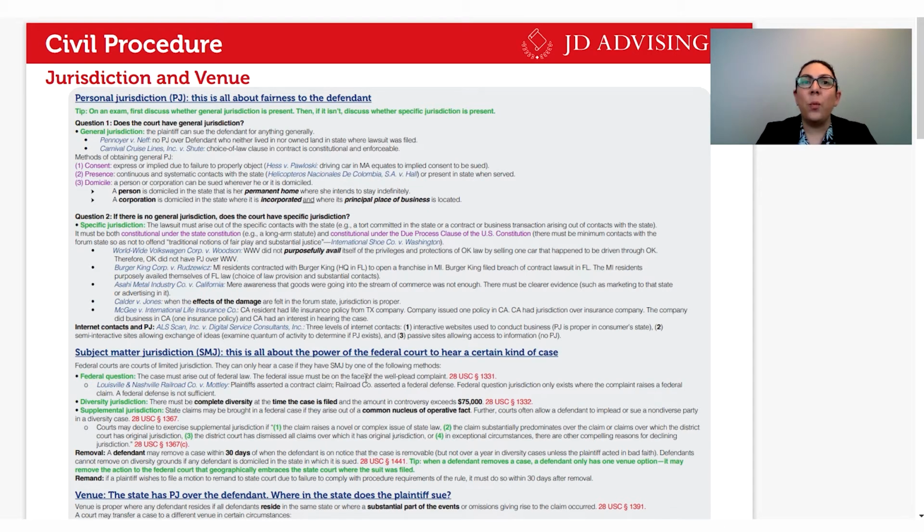And the court said, what do you do with a company that is located in one place, has its warehouse and headquarters in that one place, but ships goods all over the country? And this is what they called the stream of commerce. And they looked to see whether placing goods into the stream of commerce and thus knowing that they'll go somewhere else in the country is enough for that company to be subject to be sued somewhere else in the country.